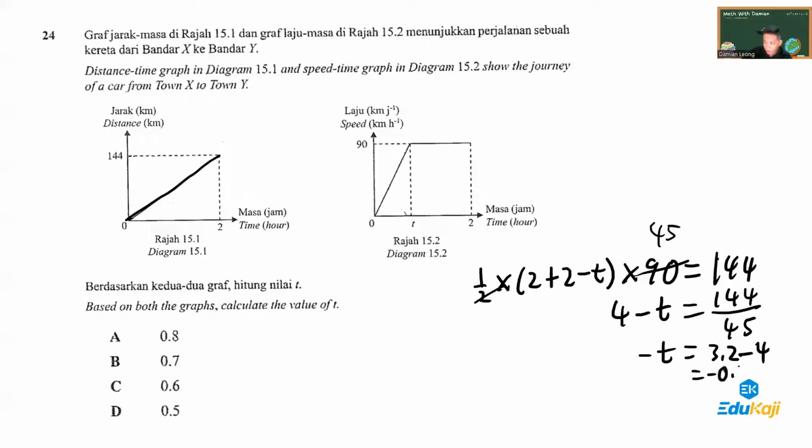So it's negative 0.8 is negative t. t is 0.8. Cancel off the negative. Answer A. Yeah, that's question 24. By comparing the distance from your speed against time graph and distance against time graph, I can find the distance from both, so I can use that to compare.